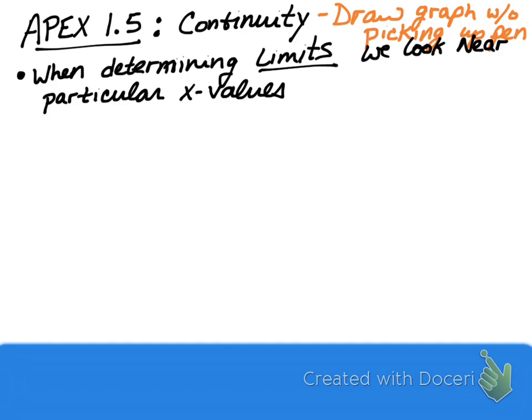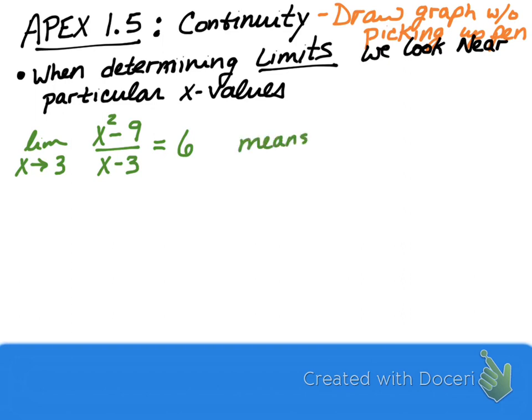For continuity, we want to know, here's an example. The limit as x goes to 3 of x squared minus 9 divided by x minus 3 equals 6. Which tells us that when we are near x equals 3, the y values of x squared minus 9 over x minus 3 are really close to 6.